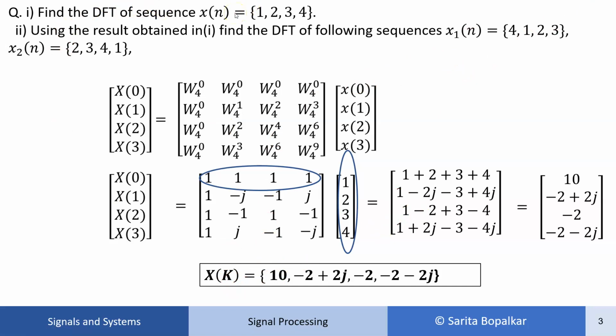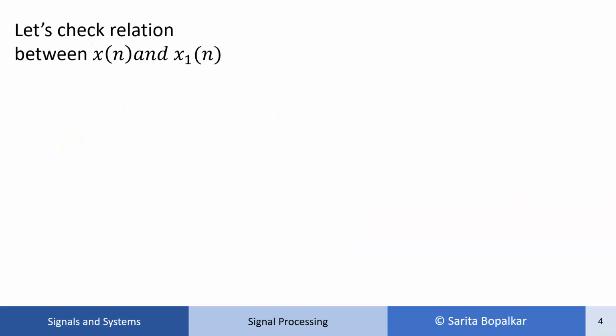So for this type of question, first check the relation between x(n) and x1(n), and x(n) and x2(n). Then only can we use this result to find X1(k) and X2(k). So first, find the relation between x(n) and x1(n). This is our x1(n) whose DFT we want to find by using the DFT of x(n).